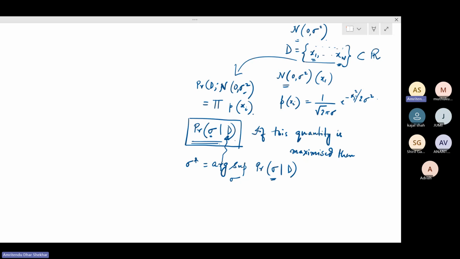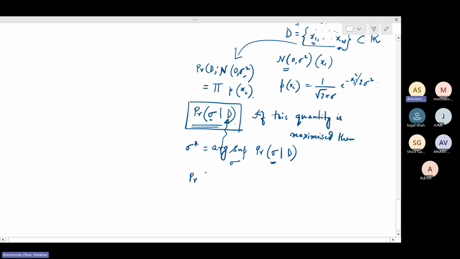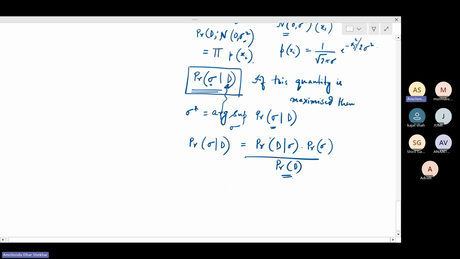Now, of course, computing this quantity for any arbitrary choice of sigma is going to be hard, but Bayes theorem allows you to do it in this way. You can write this as the probability of D given sigma times the probability of sigma, divided by the probability of D.